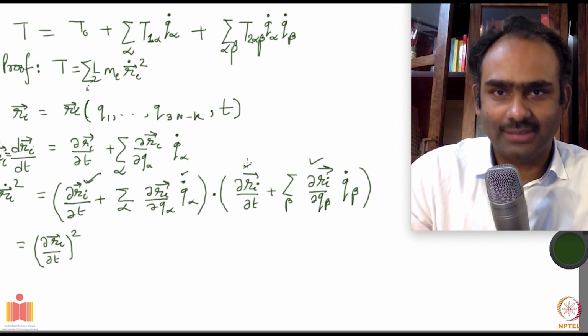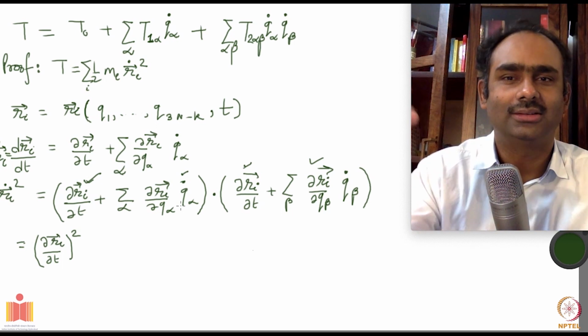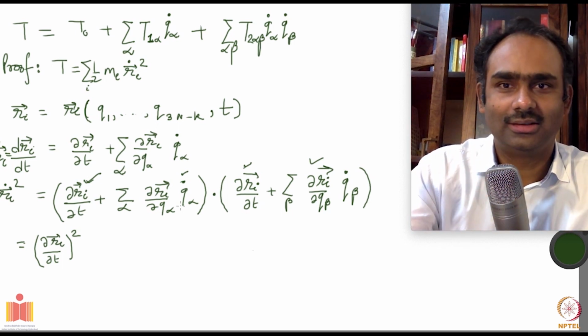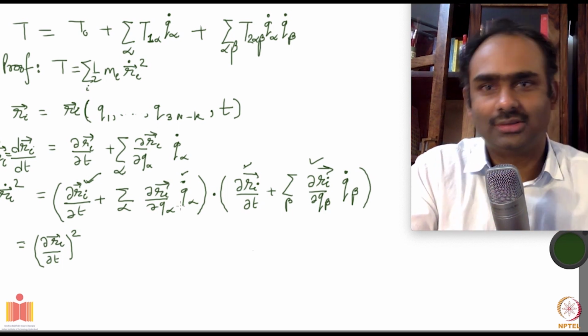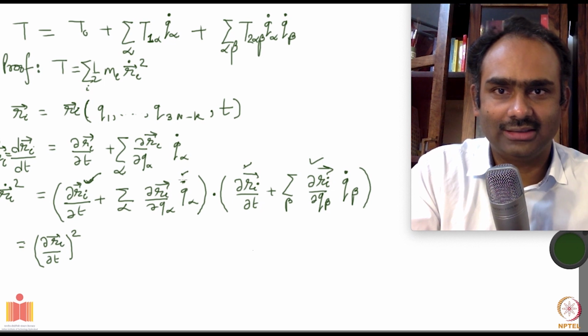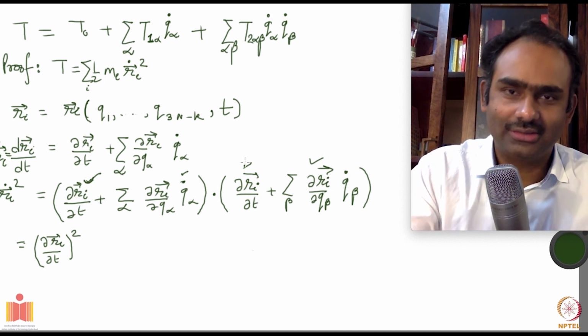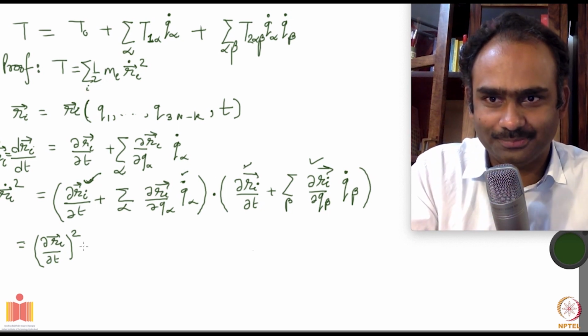They are both the same because alpha is a dummy index, I'm just summing over all possible alpha. So in these two products, this times that and that times this, I can use the same indices. Maybe I'll go slowly so that you can see.